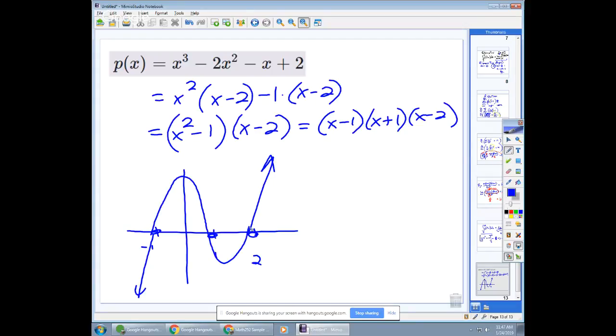Something like that. The question is, how high are those humps? This hump is at least 2 high because 2 is the y-intercept. It's probably higher than that, actually, because I don't think 0 is where that happens. I'm not positive.